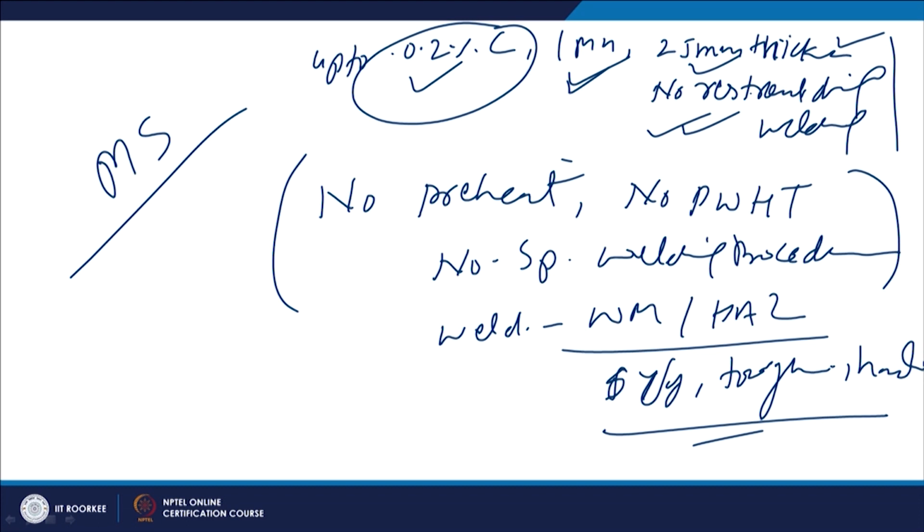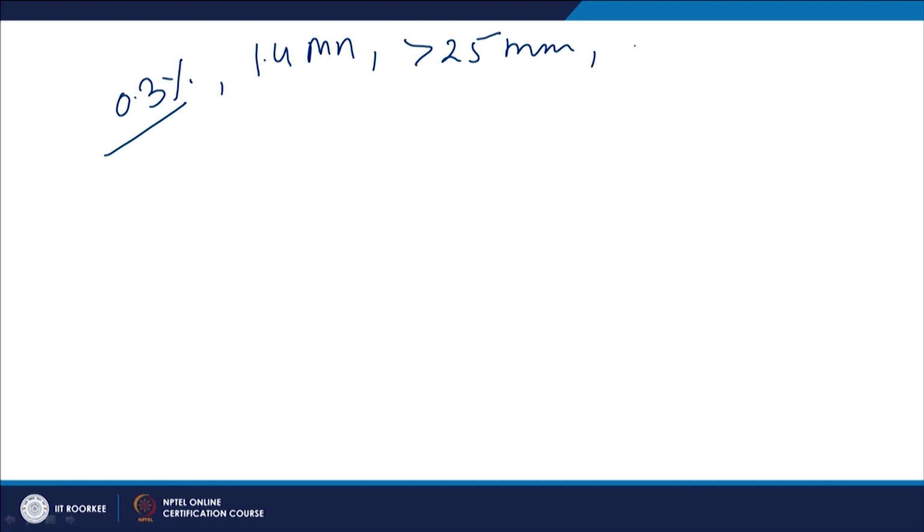But the problems will arise on the other extreme, like the mild steel having a carbon content of 0.3% and manganese of 1.4%, and the welding is to be done on thickness greater than 25, and so if these are the three conditions and one more, the welding is to be performed under very restrained conditions.